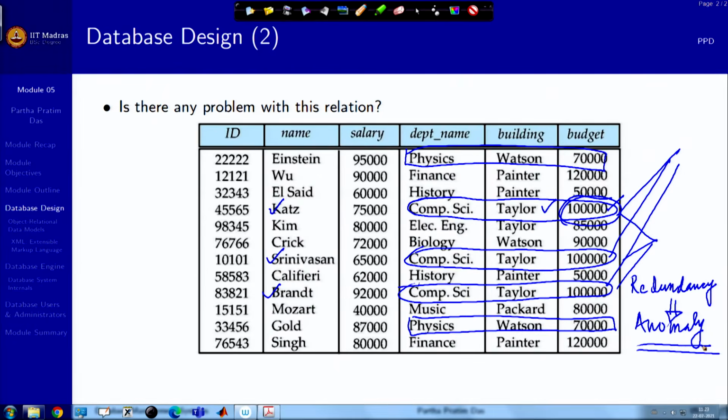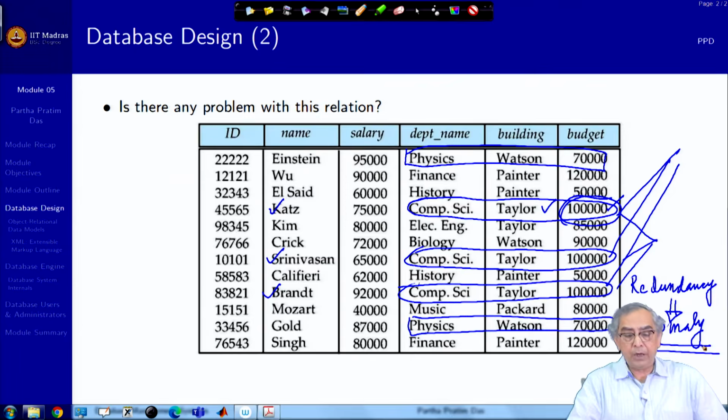If I have 2 entries now of computer science where the budget figures are different, naturally we have a deep problem, right. So, this is not a good design, and we will say that we need to factor this in a way that only those information which are relevant for a particular part of the data can be kept in one table, rest can be kept in a different table.